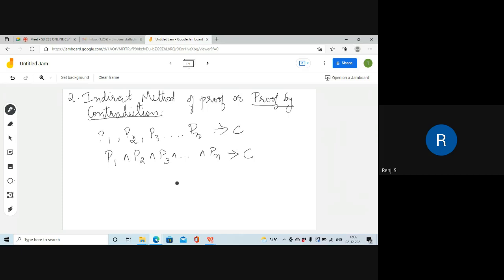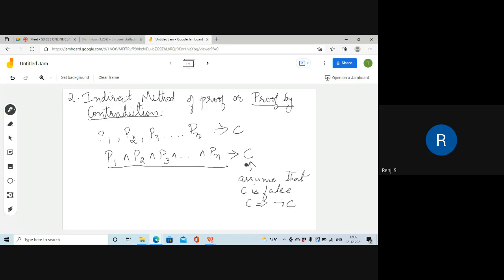Now according to the indirect method of proof, or proof by contradiction, to prove the validity of these arguments, we assume that C is false.